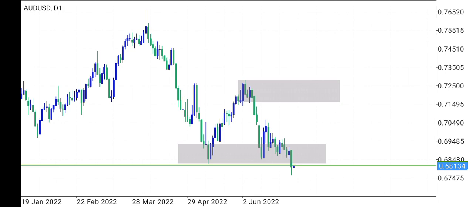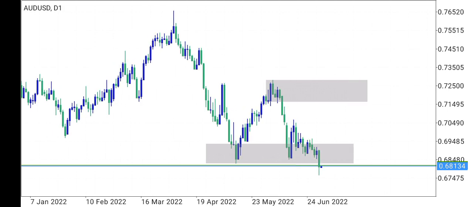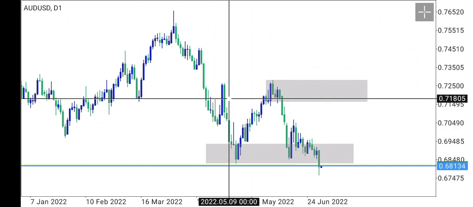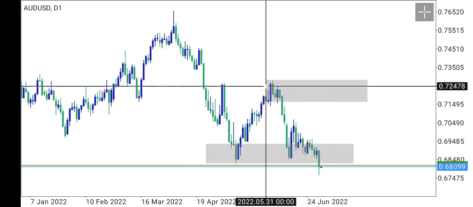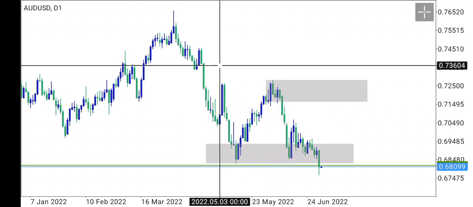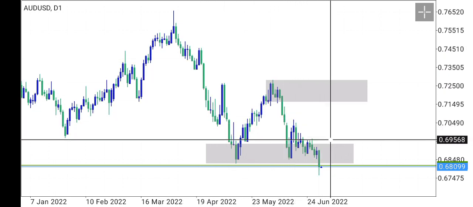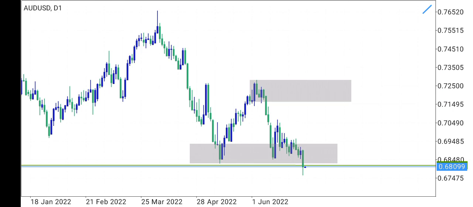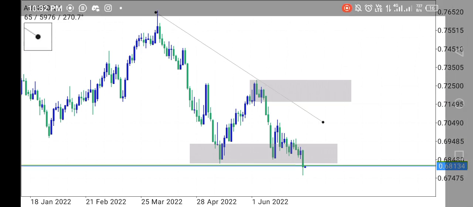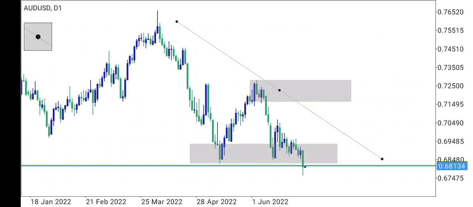So this is the daily time frame. Now you can see that price is actually in a downtrend. Let me get a trend line. You can see that it's moving in a downtrend.